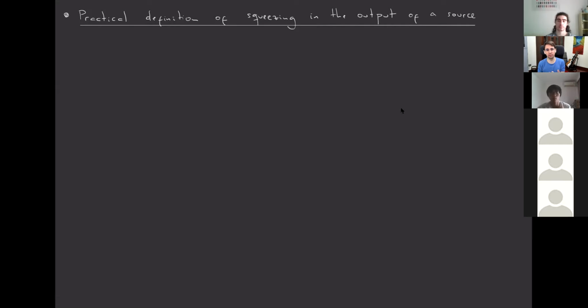Now we have a completely different view of what we are measuring. We are not measuring the state in phase space. We are measuring this output spectrum, or this quadrature noise spectrum.